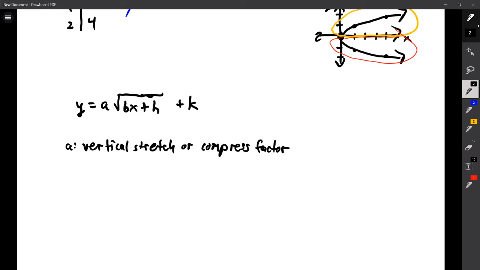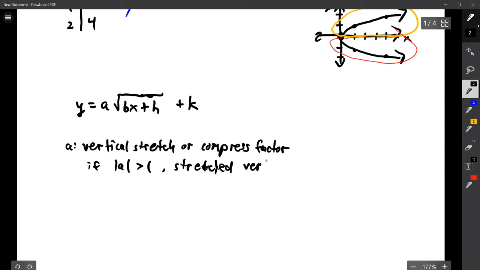Okay? And so what we could say is if absolute value of a is greater than 1, then it's stretched vertically.